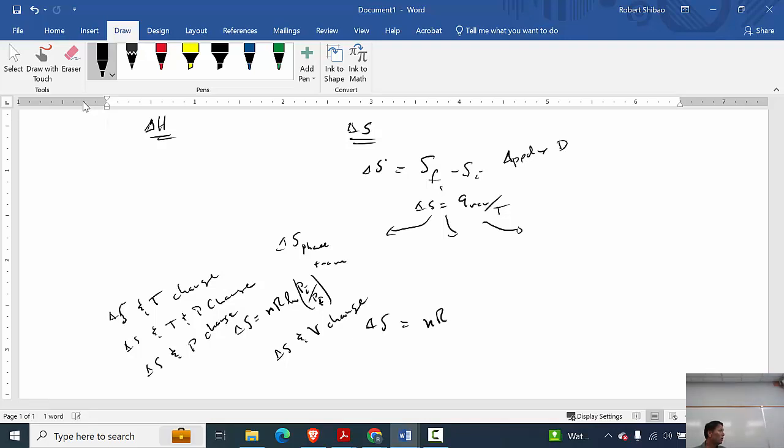It's going to be NR ln V final over V initial. If we have a volume change, we can calculate it. So let's say the pressure stays the same, the temperature stays the same. So what is the entropy associated with this? Now, this is for an ideal gas.